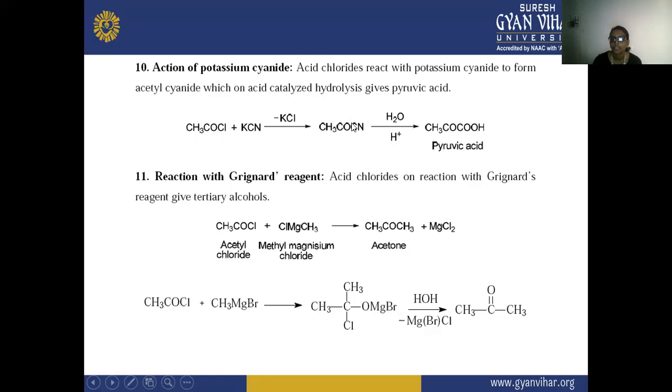After that, this acetyl cyanide is hydrolyzed with acid catalysis, meaning the H positive is catalyzing the reaction, and there is a formation of pyruvic acid. So you can see this is your CH3COCN.